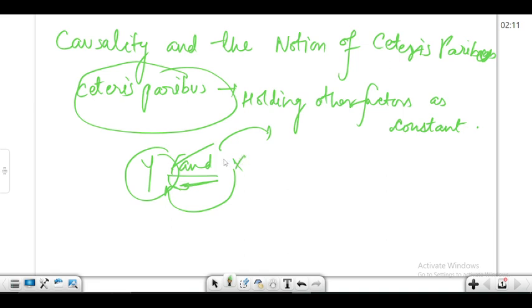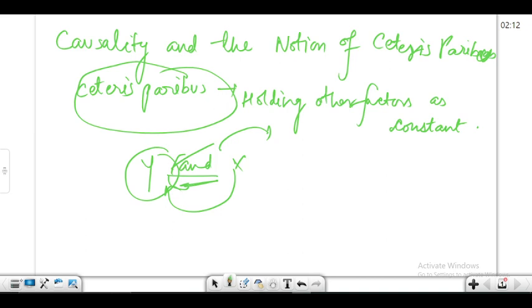That is why this notion of ceteris paribus is very important when it comes to causality.